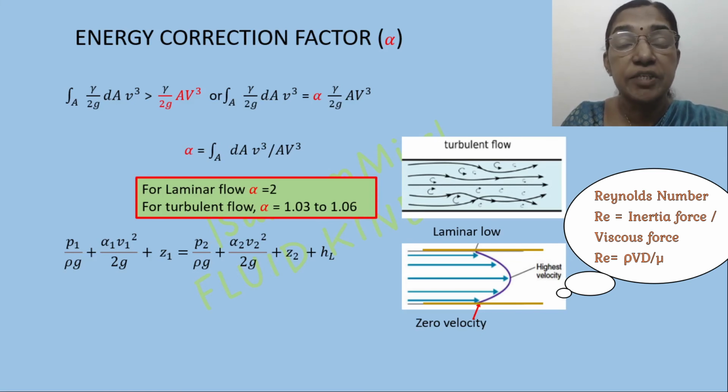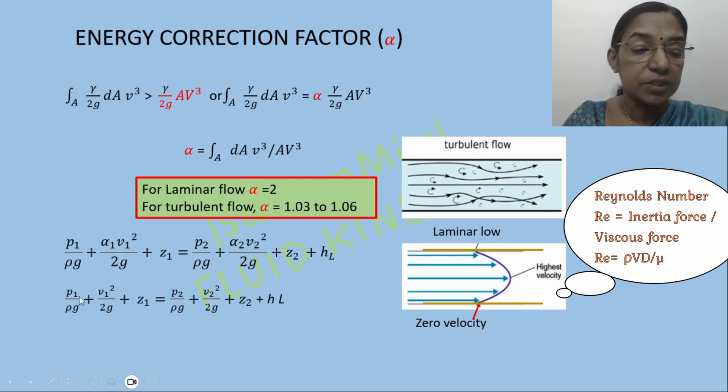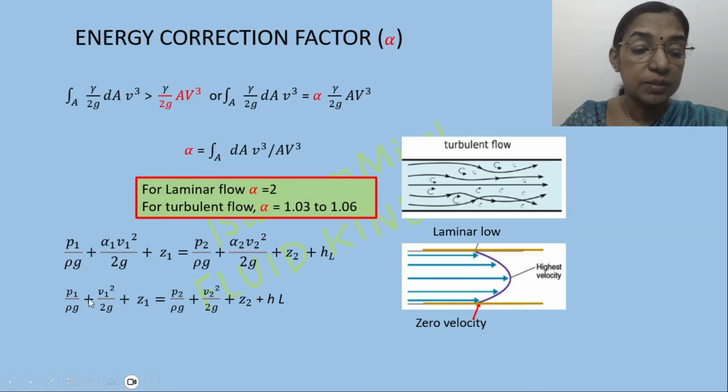But unless otherwise specified, we need not consider the value of alpha. So we can follow the equation: total energy at section 1 equals total energy at section 2 plus head loss. For solving problems related to Bernoulli's equation, if the alpha value is given, then you have to account for it and use the first equation. Otherwise we follow the second equation.